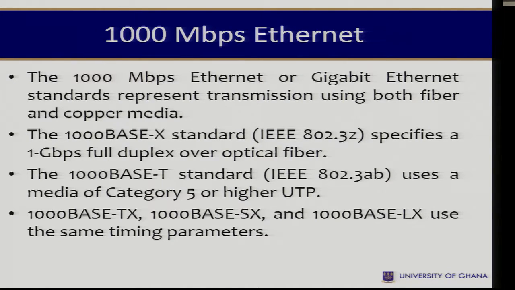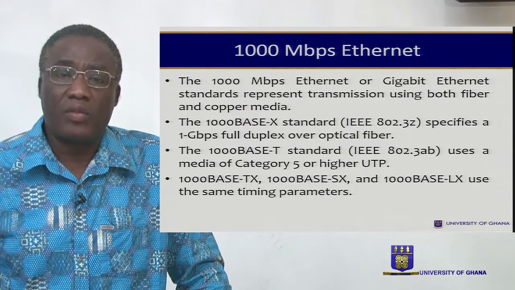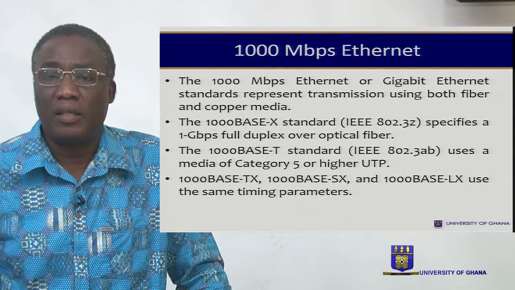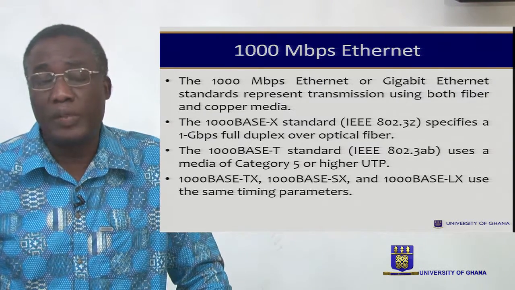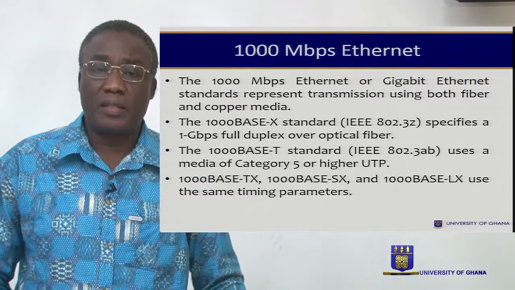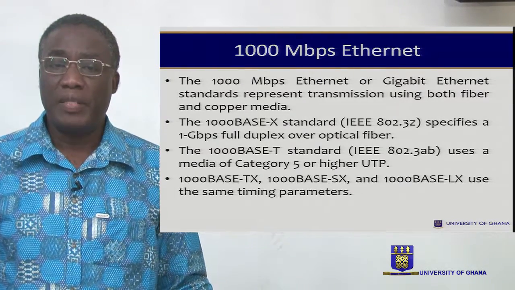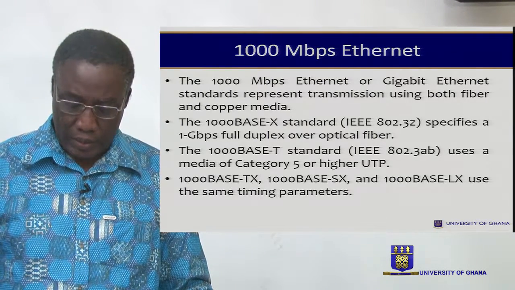The 1000BASE-X standard specifies 1 gigabit full duplex over optical fiber, whilst the 1000BASE-T standard uses media of category 5 or higher UTP cables. The 1000BASE-SX and 1000BASE-LX use the same timing parameters.